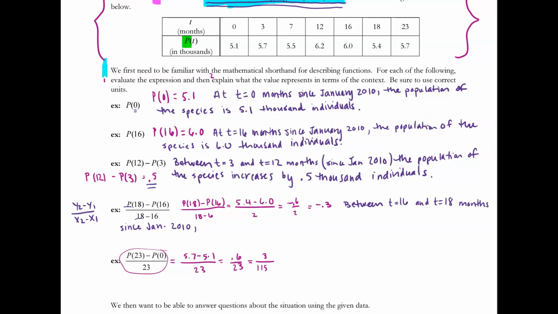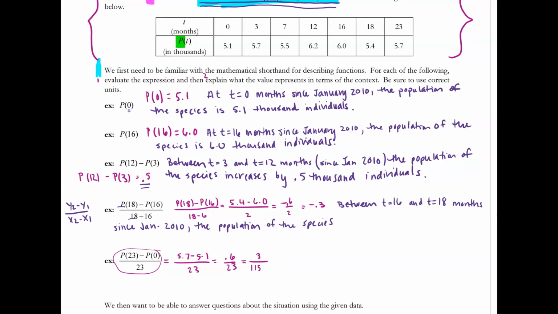All right, so it's the population that changes. So what I would probably say here is the population of the species. And here's where we could either say changed or we could say decreased.